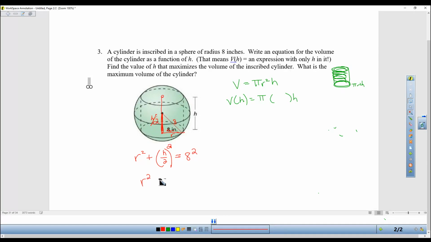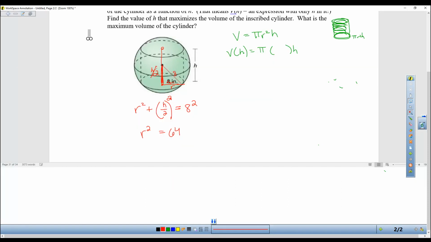R squared is equal to 64 minus h squared over 4. So I can put that right there. Normally I would solve for r, but in this case I actually want r squared.